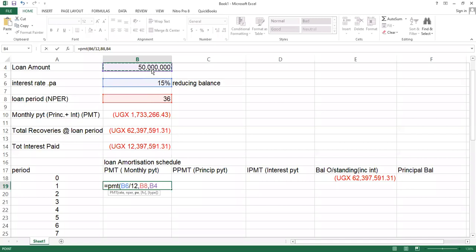Okay. Then I put a comma. Future value, 0. Type, you put a comma, then type 0. Actually, like the last one, it is timed at the end of period 1. Okay.